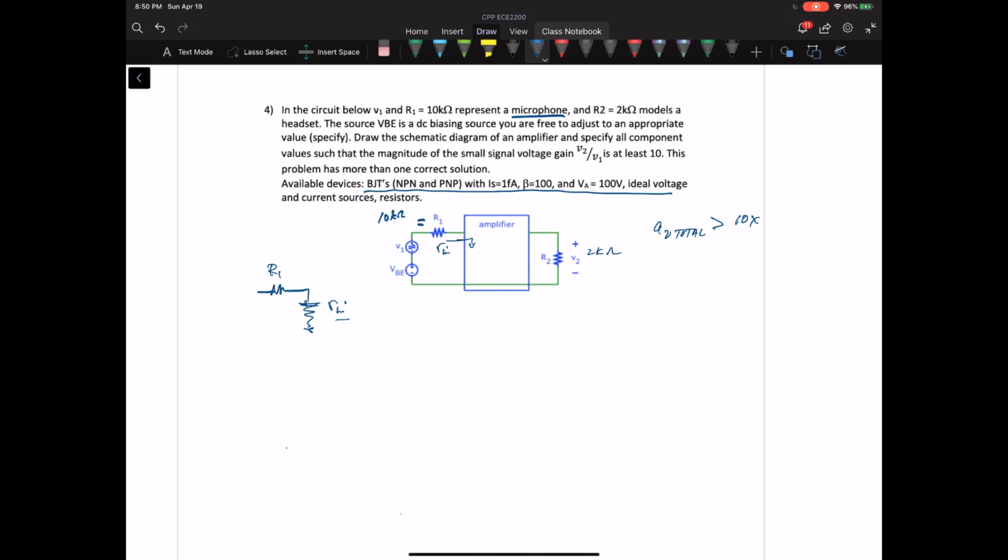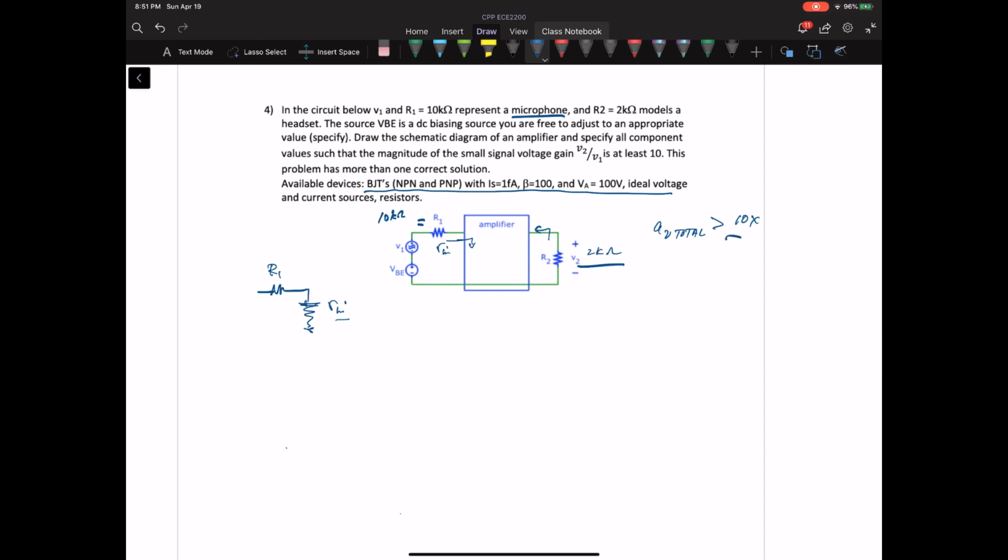The same thing with R2. Remember that R2 is in parallel with our load resistance, which is one of the things that defines the gain. And we want to make sure this value of R2 does not screw up our gain. Those are the limitations.